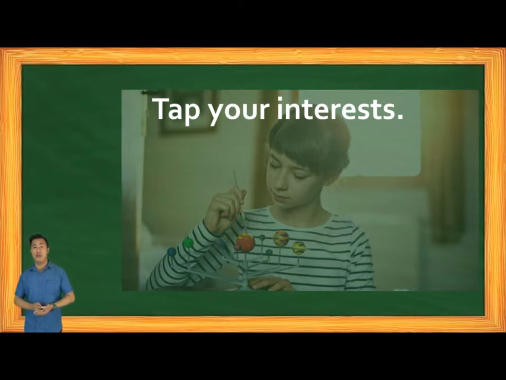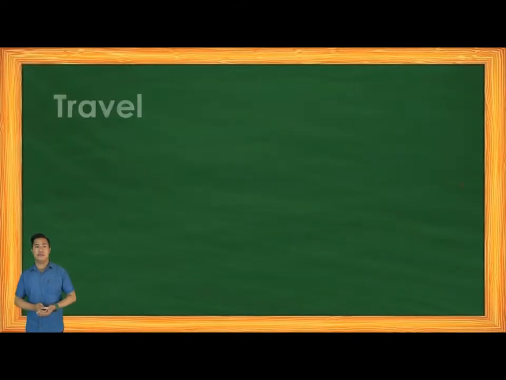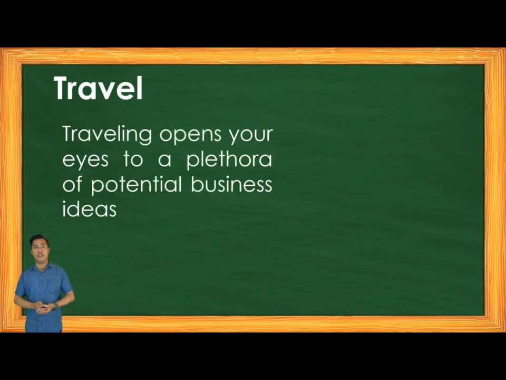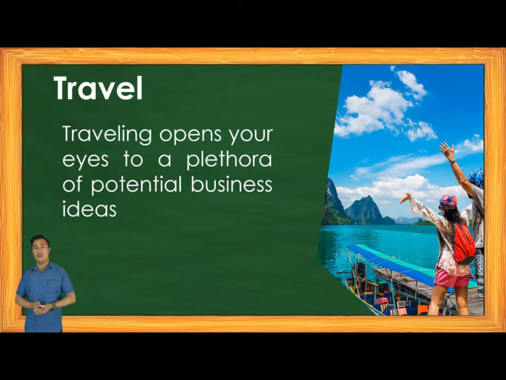So you have to tap your interests or your skills. Travel. Traveling opens your eyes to a plethora of potential business ideas. So you have to travel to explore more ideas and to benchmark more.